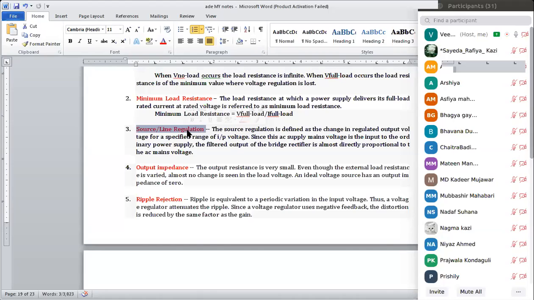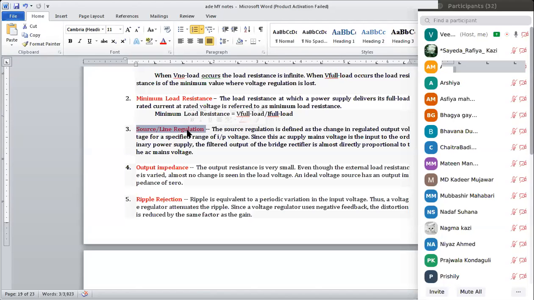That is a regulated power supply. Now, if anything changes at the output side, that should be within the specified range of input voltage. If I change the input voltage from 0 to 230 volts, the change at the output is called line regulation or source regulation.